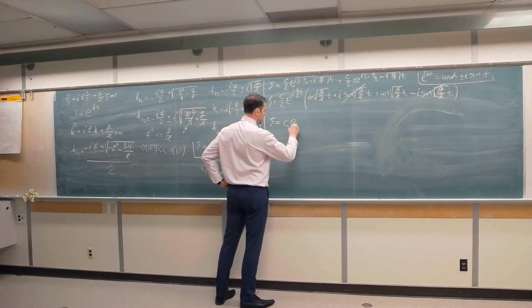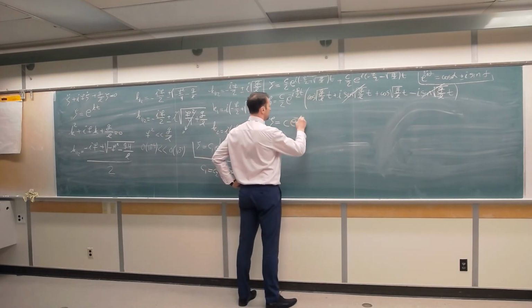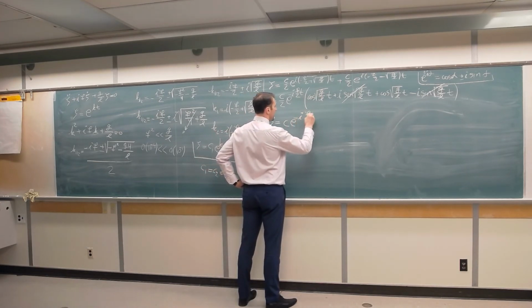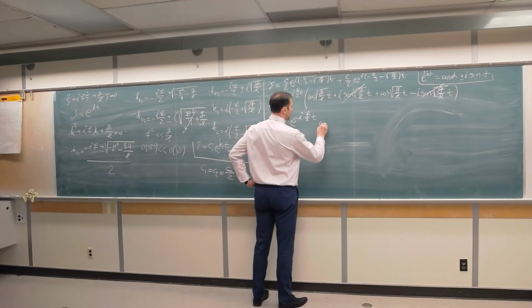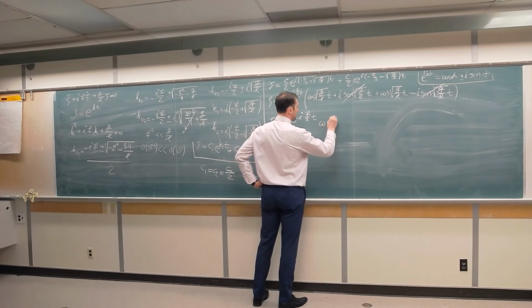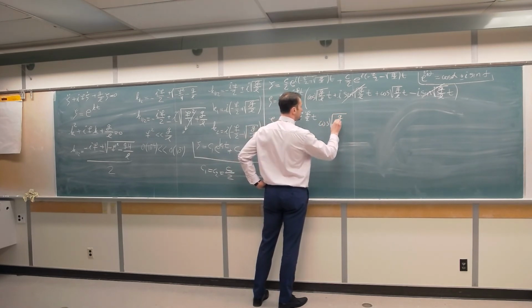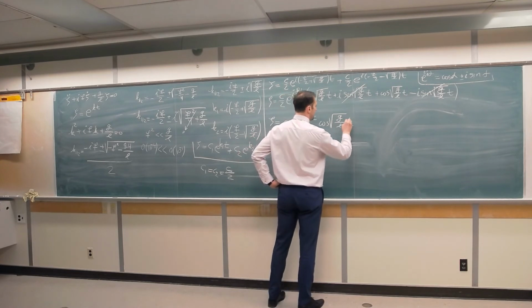C e to negative i f over 2 times t times cosine square root g over L times t.